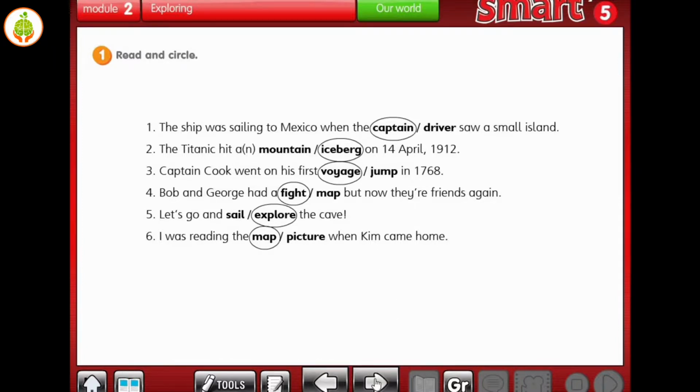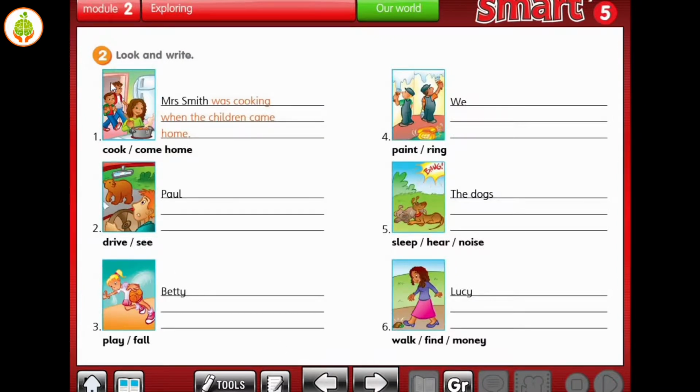Thank you. Now, exercise 2 says look and write. Number 1. Cook, come home. Mrs. Smith was cooking when the children came home. Okay, so listen. Here we have to use the past progressive and also past simple to make these sentences.